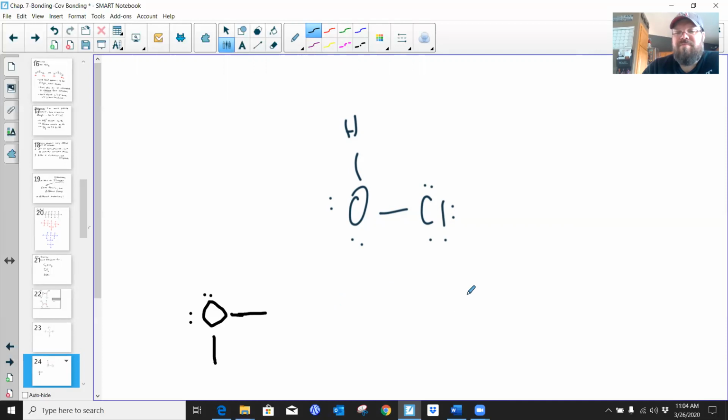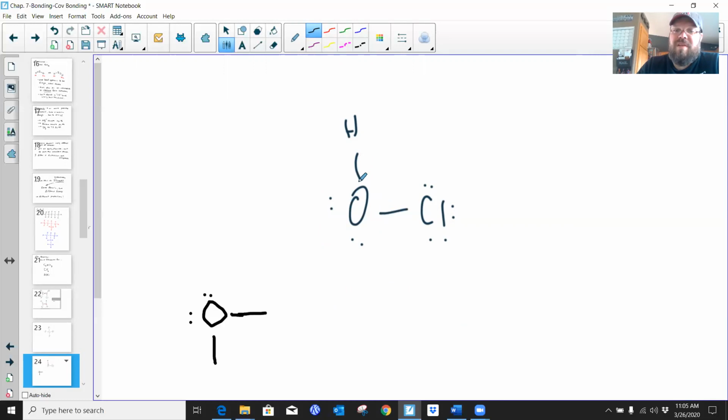Again, I wouldn't have taken anything off, but the oxygen in this case is the central atom. It's not always the first atom that's listed that is going to be the central atom. That's part of the reason why I picked this. But that oxygen has 6 valence electrons. It has a tendency to want to create 2 bonds to get to 8 valence electrons.